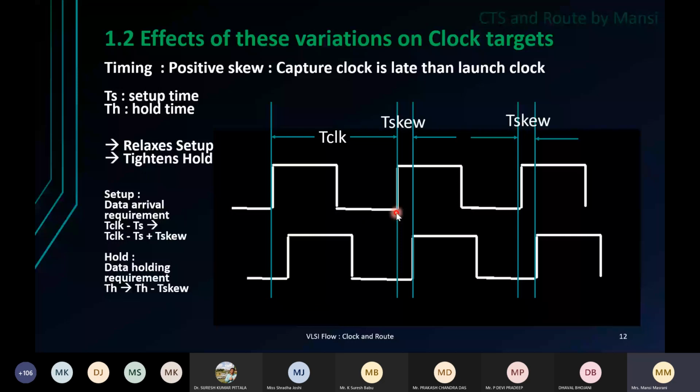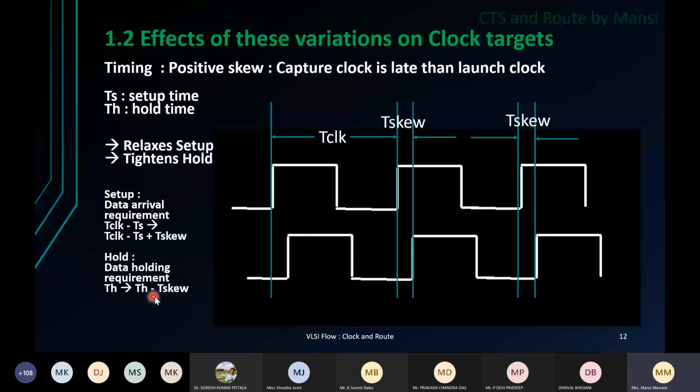Because if you remember, after the capture edge comes, my data should be held for some amount of time. Now my data should be held till this amount of time, which is much more than the skew. So what will happen to the hold requirement? Instead of hold, now I will have less time. Some skew time will be removed from there. So it will actually tighten my hold requirement.